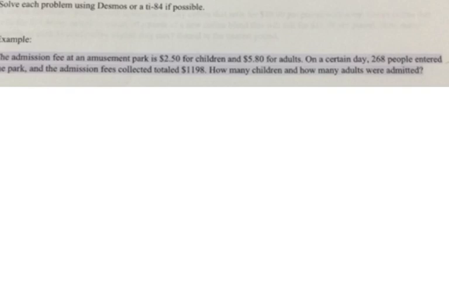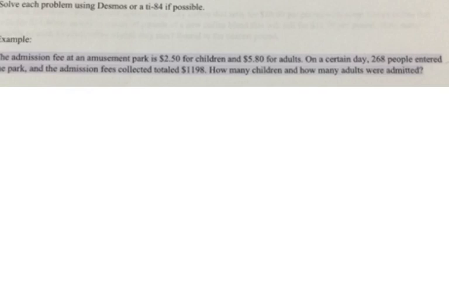So again, when I work these problems, I'm always trying to identify what the variables are at the very beginning. So the admission fee at an amusement park is $2.50 for kids, $5.80 for adults. Way cheaper than Universal. On a certain day, 268 people entered the park, and the admission fee collected was $1,198.